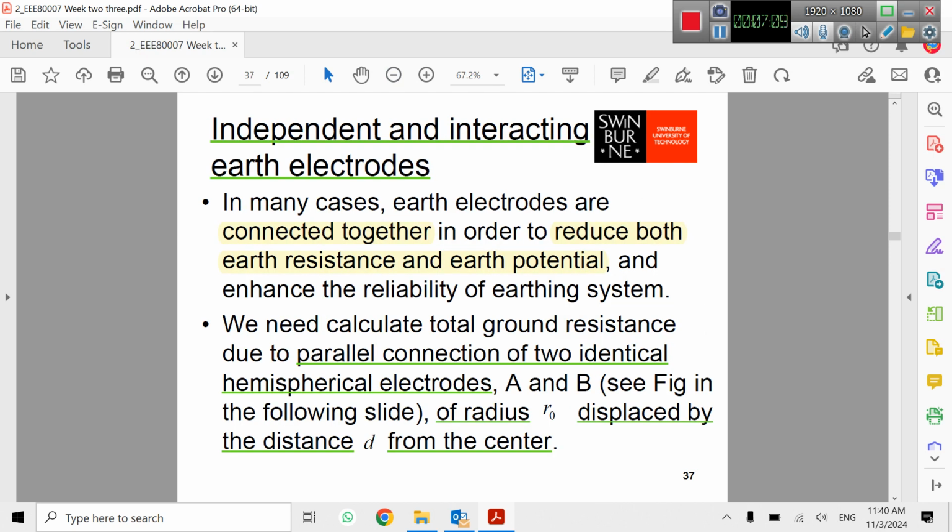Okay. As I mentioned in the previous slide, here we have independent and interacting earth electrodes.